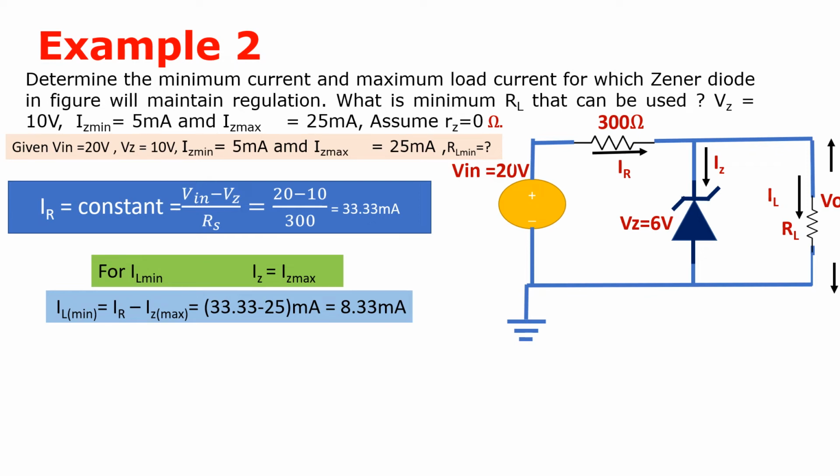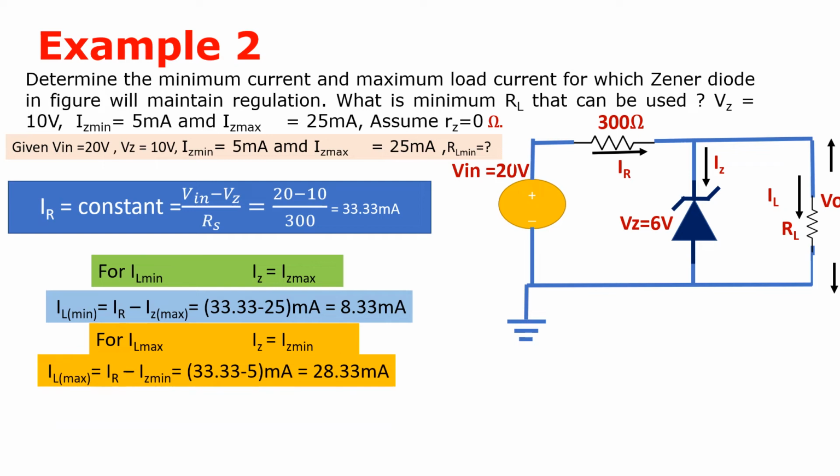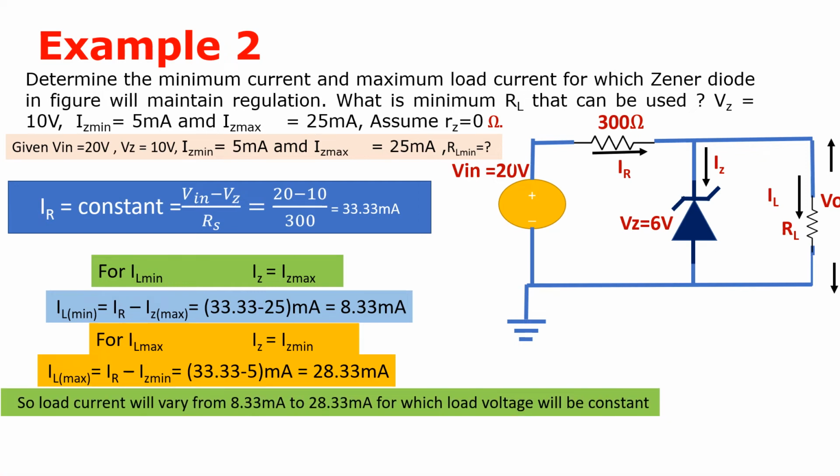So we will calculate our minimum load current as 8.33 milliamps. Now for the maximum load current, IZ will be IZ min, and the maximum load current will be IR minus IZ min. In this case we will get 28.33 milliamps maximum load current.